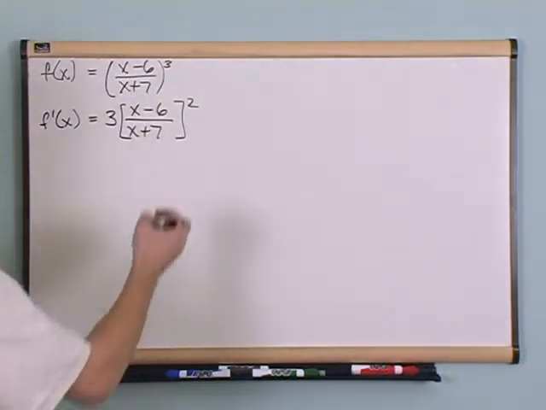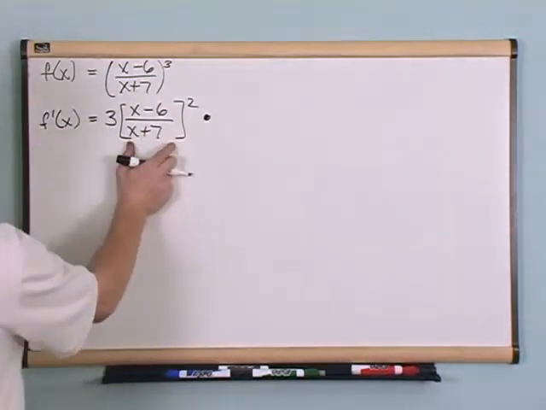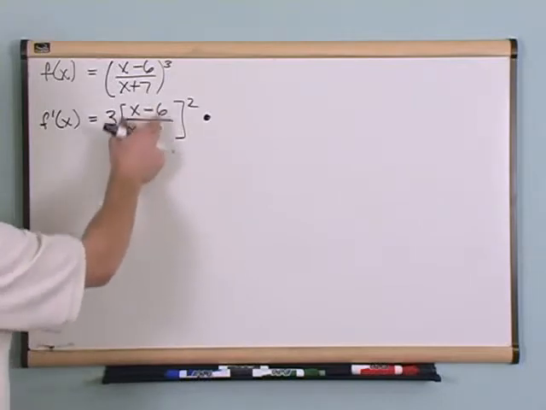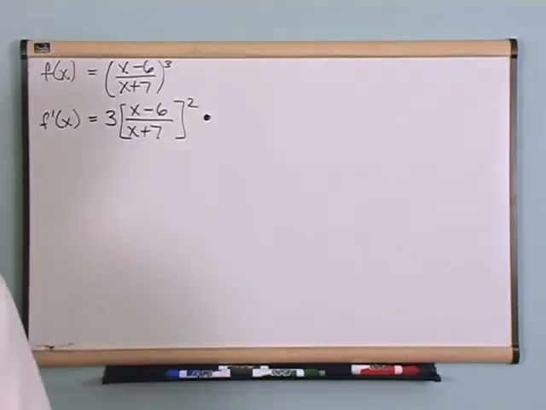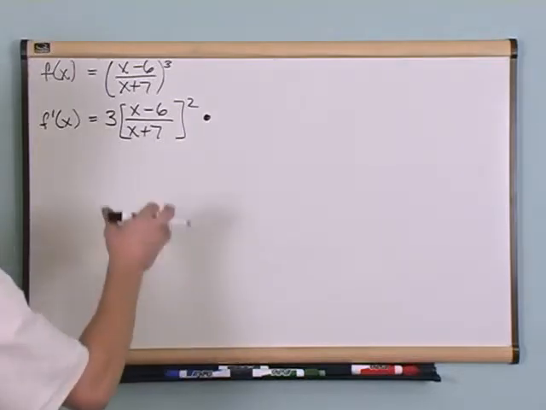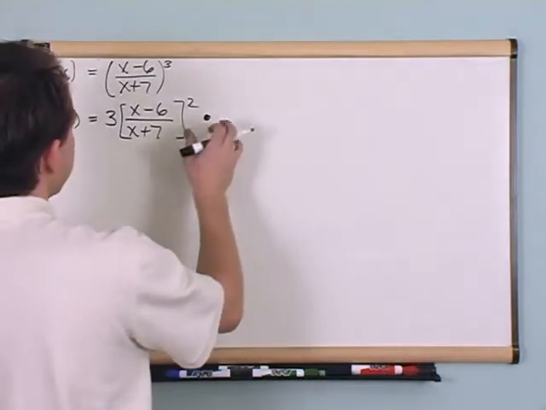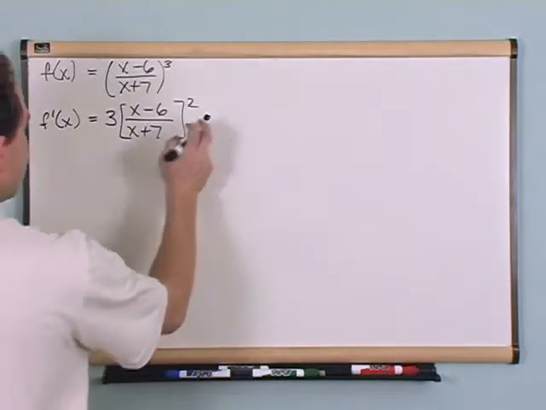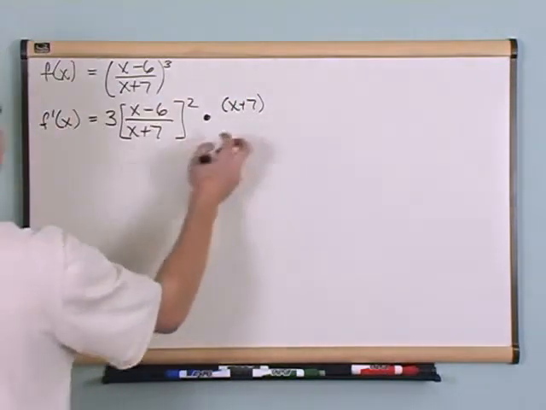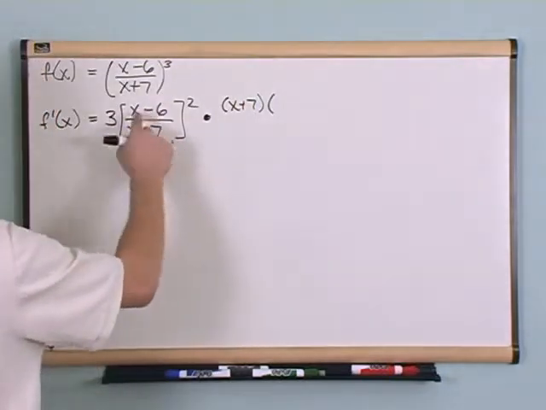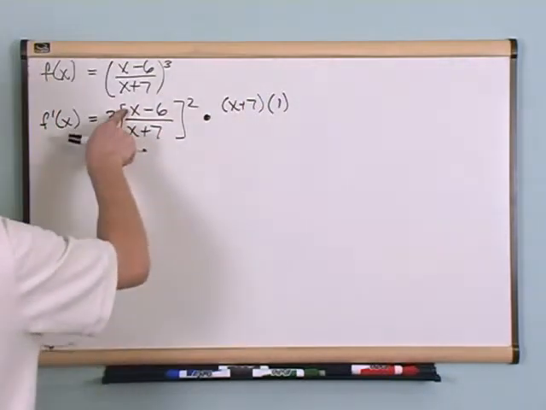Now, I've got to take the derivative of the inside. All of this stuff. Now, this is the division of two functions of x. So I've got to use that nasty formula that I used before to take derivatives of two functions of x divided by one another. How do I do that? It's the bottom, x plus 7, times the derivative of the top. Derivative of the top in this case is just 1, because the derivative of x is 1.